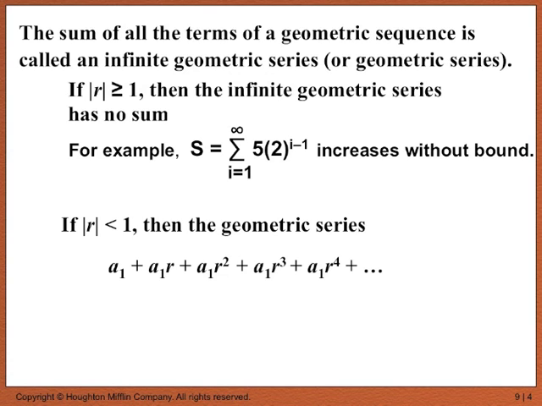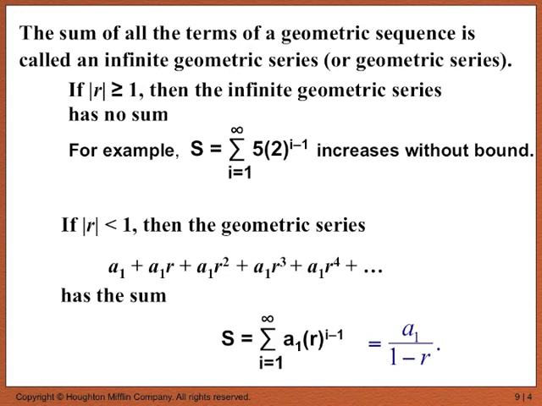If the absolute value of r is less than 1, then the geometric series, which is here written in general terms, a sub 1 plus a sub 1 r plus a sub 1 r squared plus a sub 1 r cubed, etc., has the sum S equals the sum from i equals 1 to infinity of a sub 1 r to the i minus 1, and that equals a sub 1 over 1 minus r.